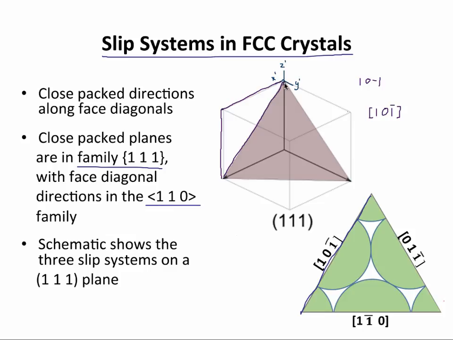So for the next diagonal here, you can use the same axes here. And for this one, there is no movement along x, so that's going to be a 0. And then it goes 1 unit along y, so that's a 1.